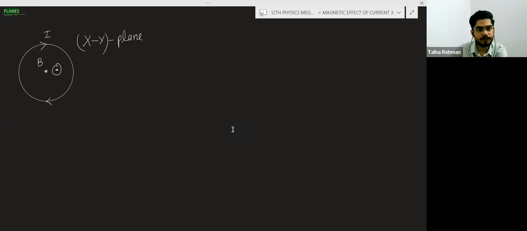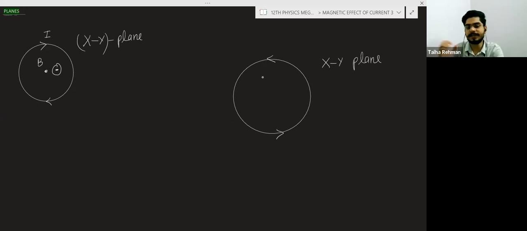Now, if you have a wire like this, and this wire has the current in this direction, suppose, and this is a circular wire again in the xy plane. So can you tell me the direction of the magnetic field, Hamza, by applying the modified right hand thumb rule?